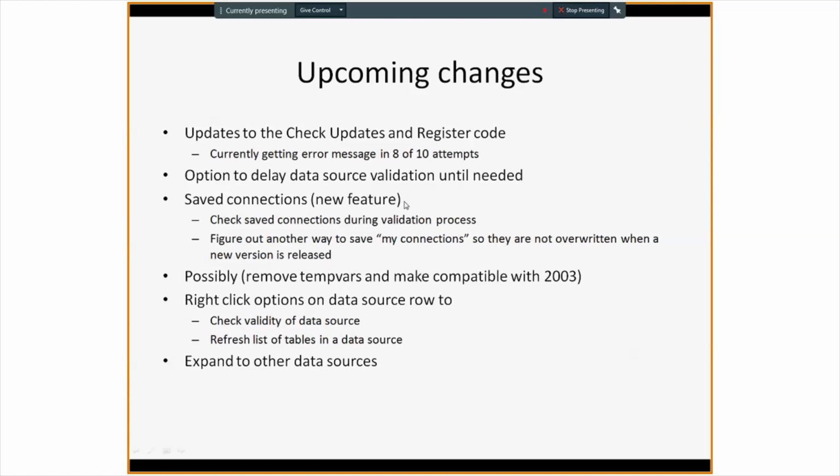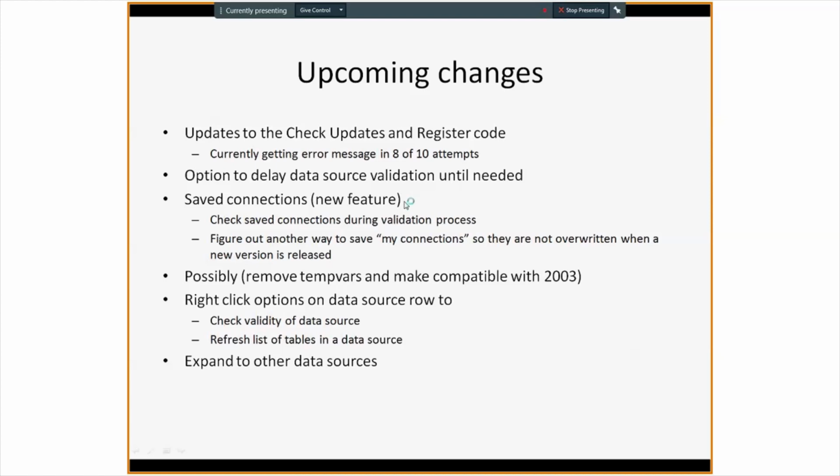It may be that the server's down. That's really the only reason that might not be valid, would be if the server is down at the moment, or your internet connection is down or whatever. So it'll do that. The other thing is that because I'm saving my connections in a local table in the link table manager, I've got an issue: when I deploy a new version, I'm not going to have those values anymore. I'm going to lose those values.